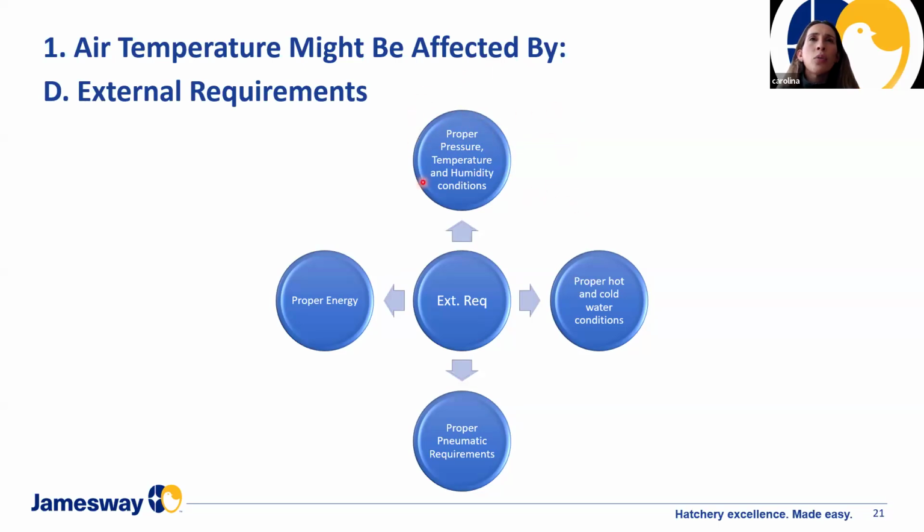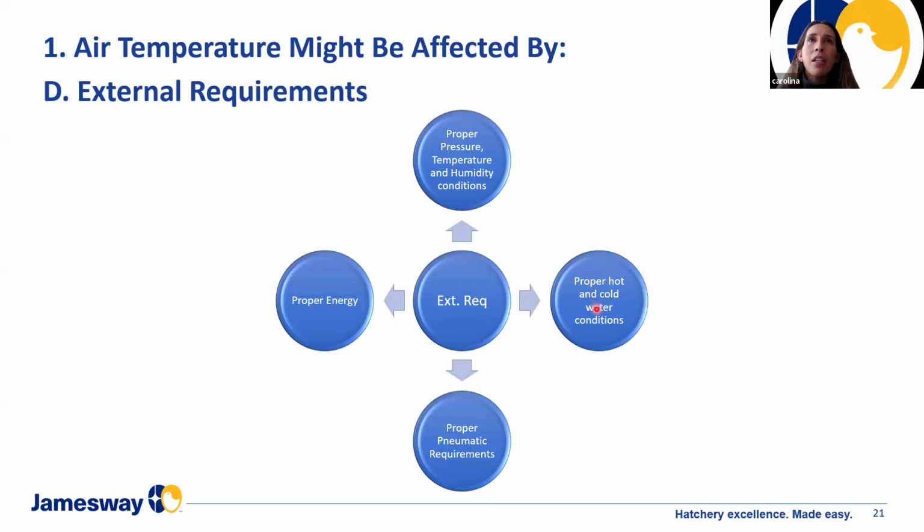So we may want to make sure that the hatchery is properly ventilated. Second is the proper hot and cold water conditions. If we don't guarantee that we have the proper pressure, temperature, and flow conditions of the water, then the machine probably won't work as fast as we need.